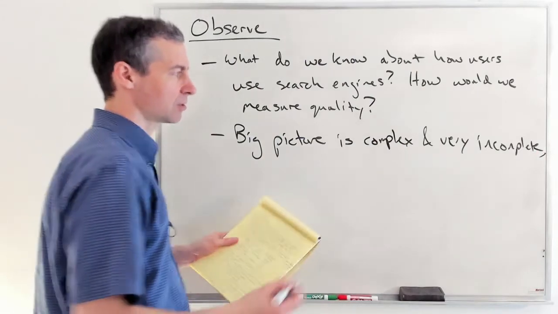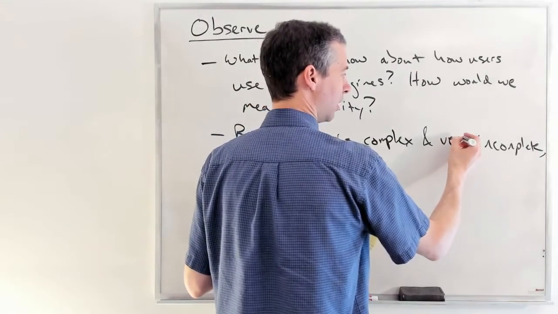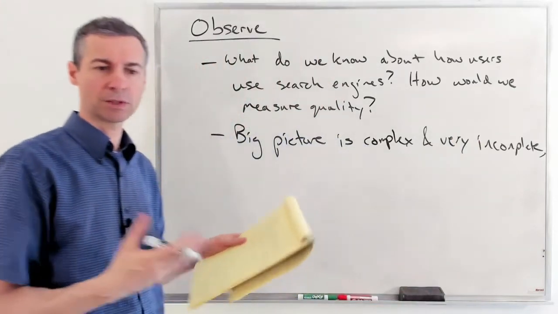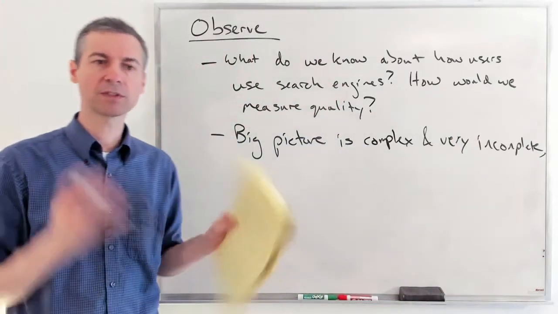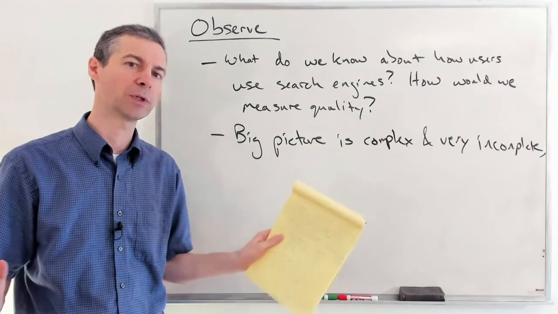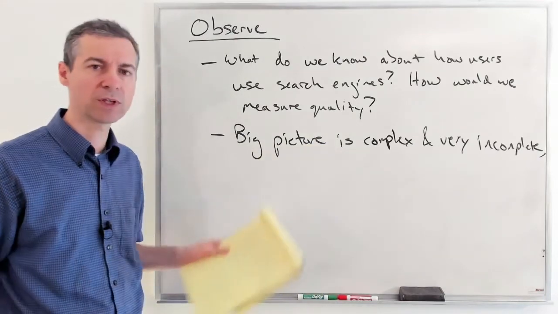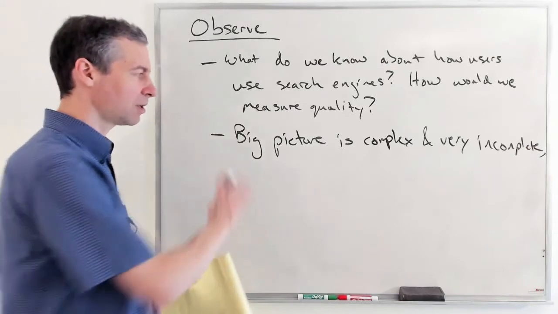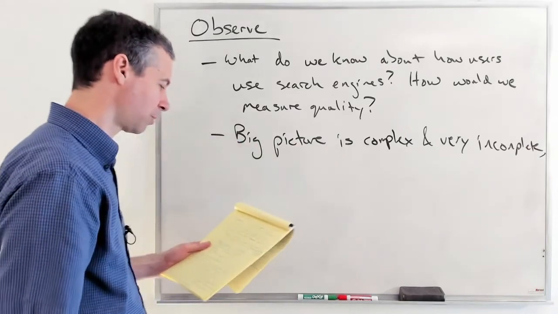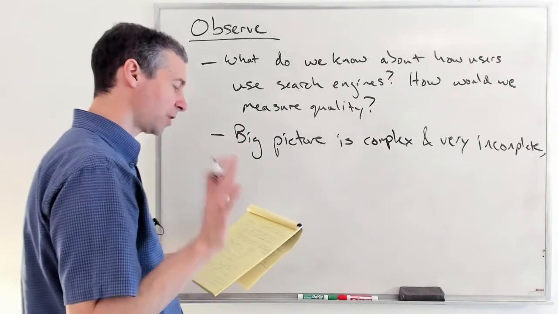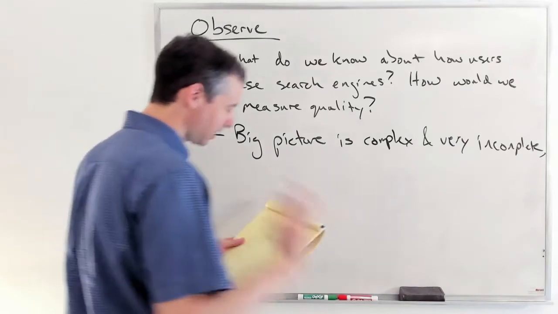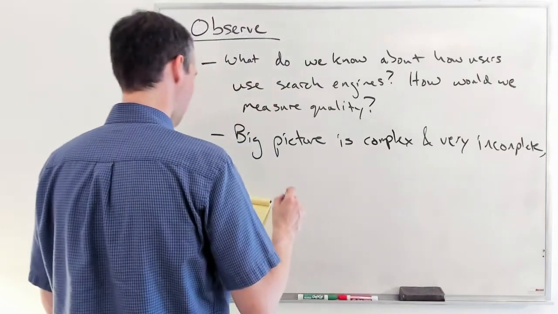Even if you watch those Google videos, Google says some large percentage of queries every single day they've never seen before. So there's always new behavior and new things that people are doing. So it's a very big problem. We know a fair amount, but it is definitely incomplete.